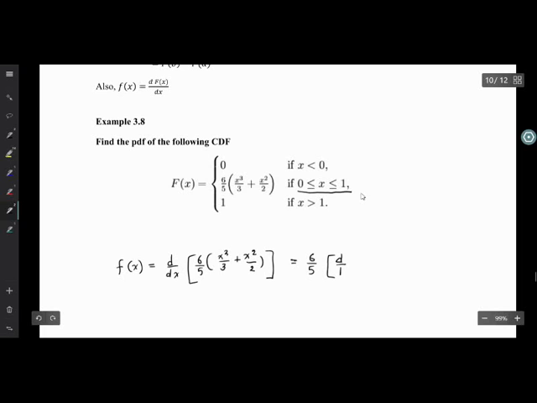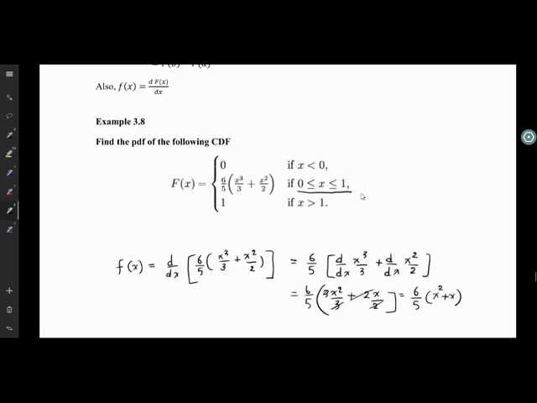We take the derivative of x to the power 3 over 3 and the derivative of x squared over 2. So this will be 3x squared over 3, and this is 2x over 2. The values cancel out.